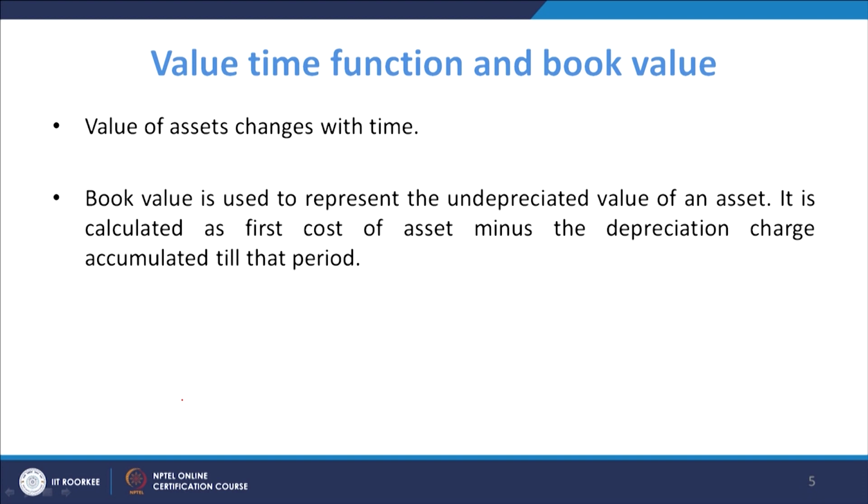Depending upon this book value function, you will have the depreciation amount differing. You may have the depreciation amount every year being the same, which is the case of the straight line function. Then you may have something where it is more in the initial periods and less in the final years, or there may be different cases. There may be rules for that also. We will see that, and that is how the value time function and book value are defined.